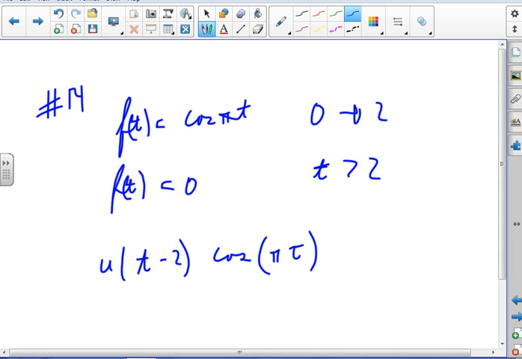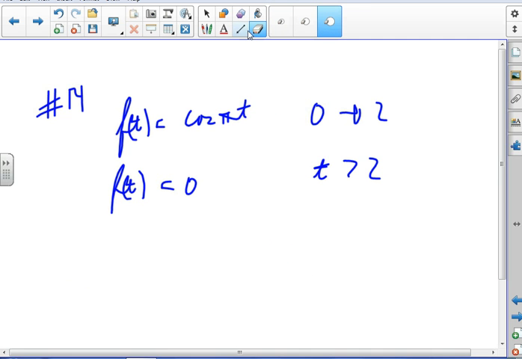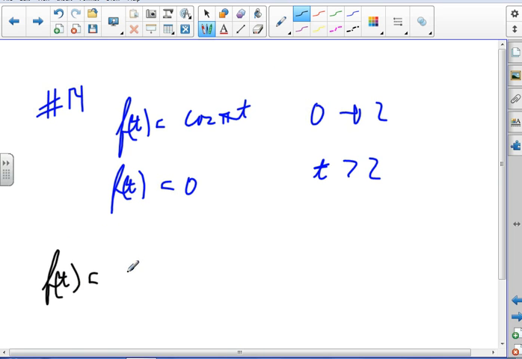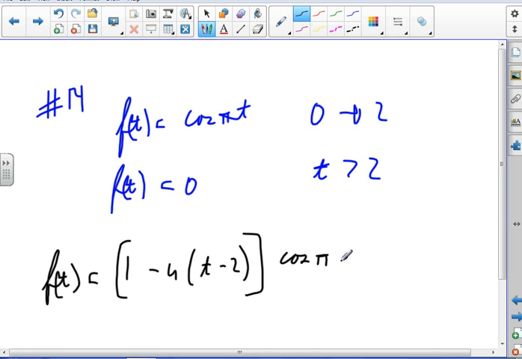So I'm going to get rid of this for a moment. And thank you very much for the biggest eraser I can possibly have. So I'm going to change this to f of t is equal to 1 minus the unit step function u of t minus 2 times the cosine of pi t.